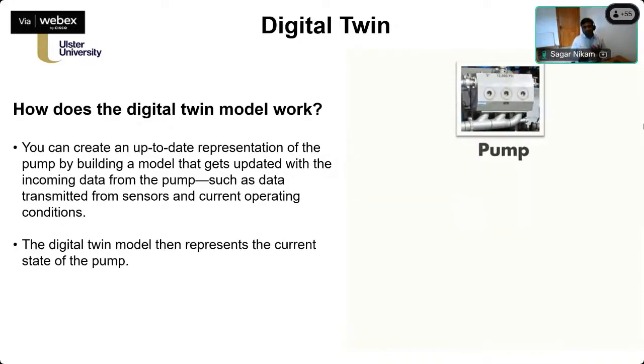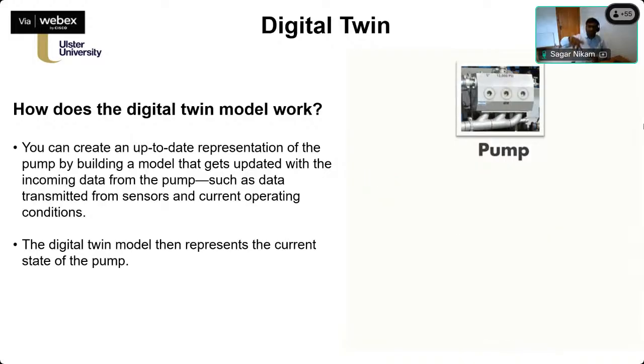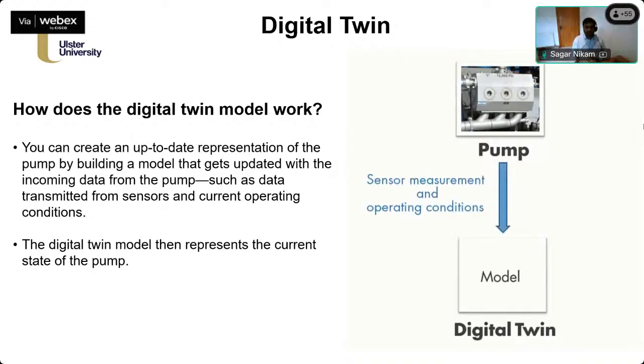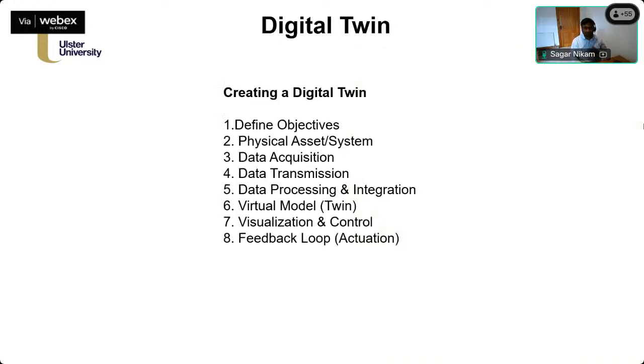Your pump is giving real-time information to the model, a 3D model. The 3D model is getting updated, and at some point, the digital twin will reflect that you need maintenance tomorrow or the day after tomorrow. So any kind of activity back on the physical assets can be done after some time. So this is where the two things are coming in. Feedback can be in real time and can be not in real time. These are the two different aspects involved in digital twin.